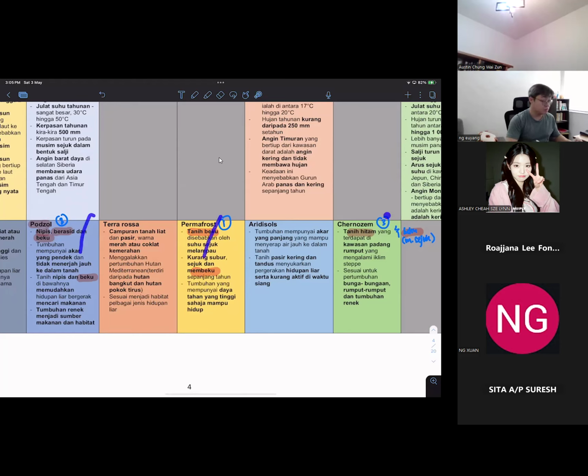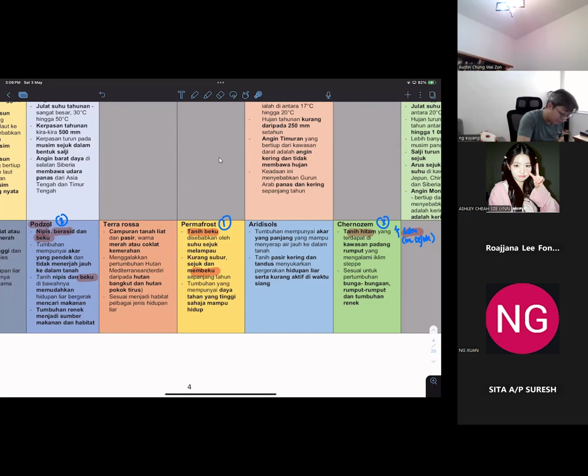These 3 tanah beku, the roots, the akar, common sense, right? Tanah and beku, can you guys just try to imagine the plants trying to grow their roots to touch the tanah beku or not? Since this is all tanah beku, they are not going to let their akar contact with the tanah beku, because it's going to freeze up the whole plants. They are going to die.